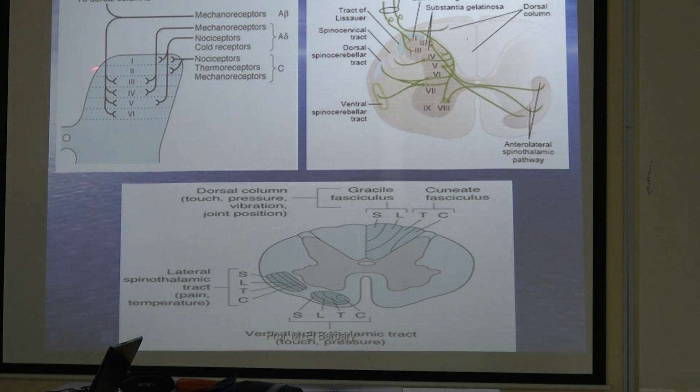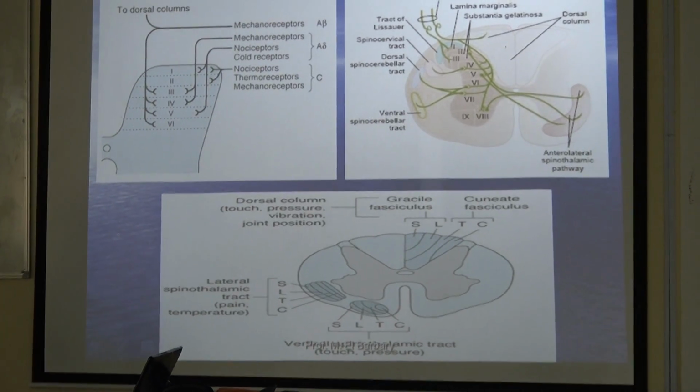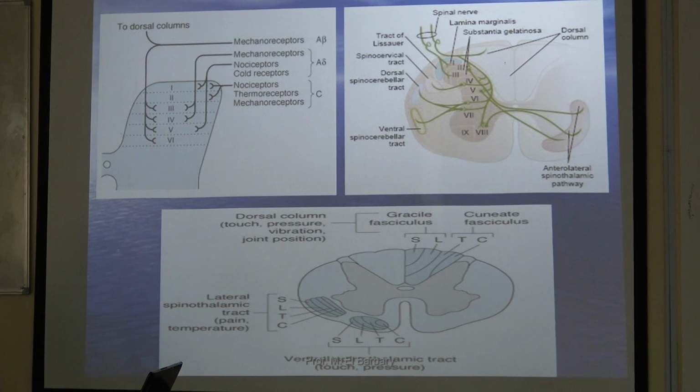In this area, there is an important synapse of pain, temperature, and touch, between the first and second neuron. This area is very important, and we are going to discuss it later in the control of pain.